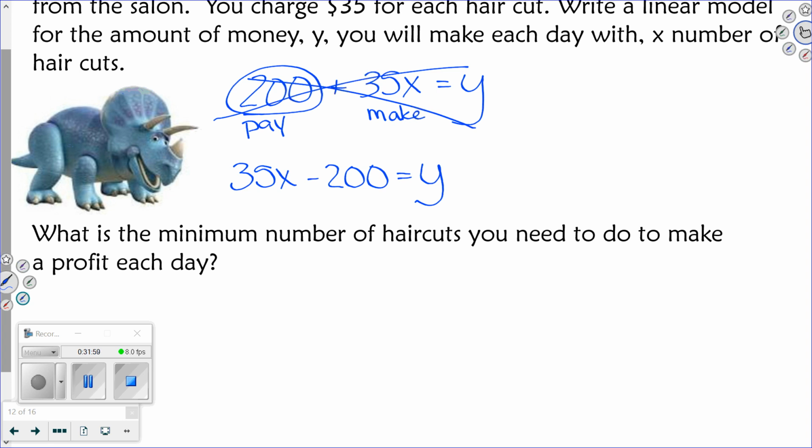Now, this just said to write a model, right? So I didn't know. But when I read this question, I need that to be greater than or equal to. What would you put here? These are all things we need to stop and think about when we write these. For me to make a profit, I need to make what? More than what?